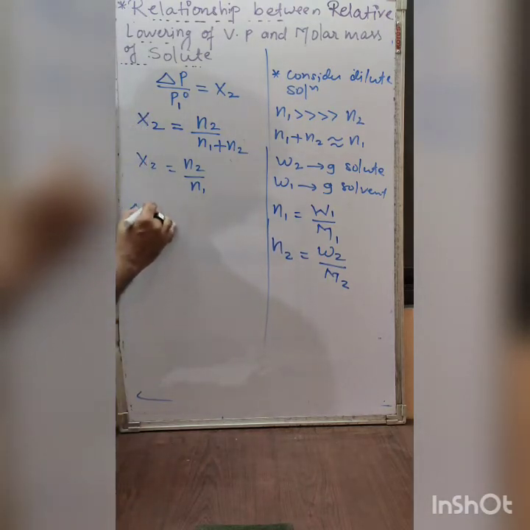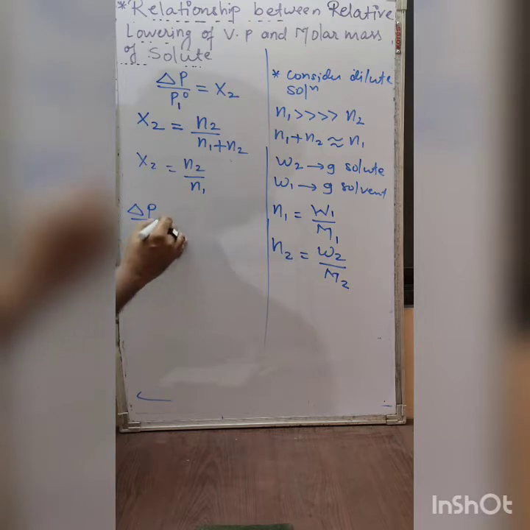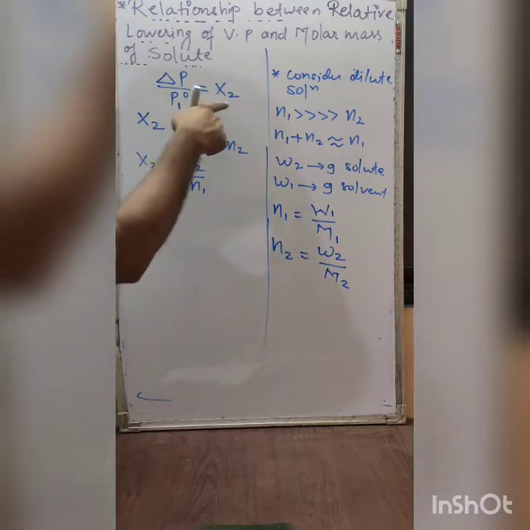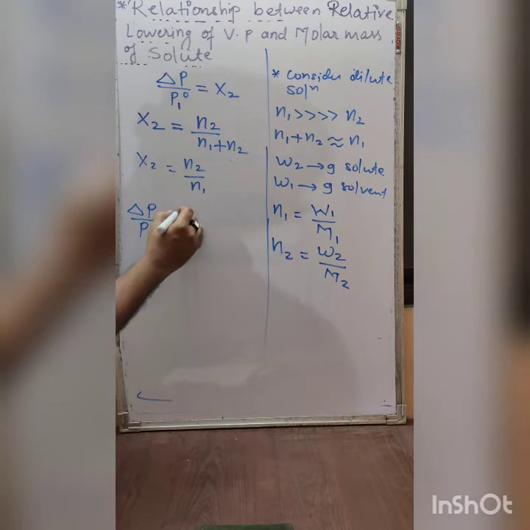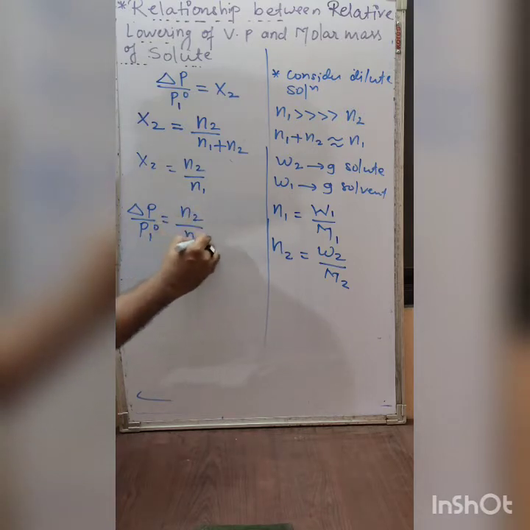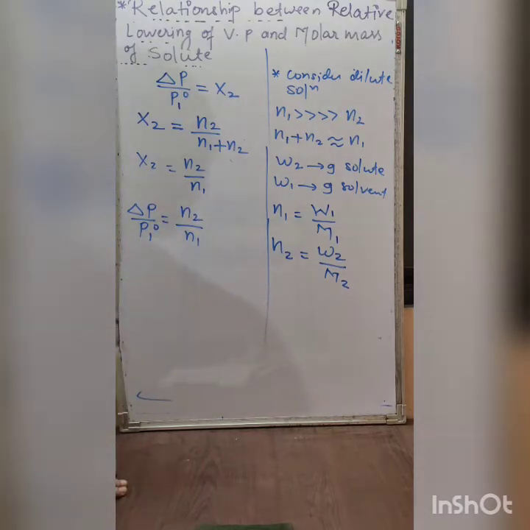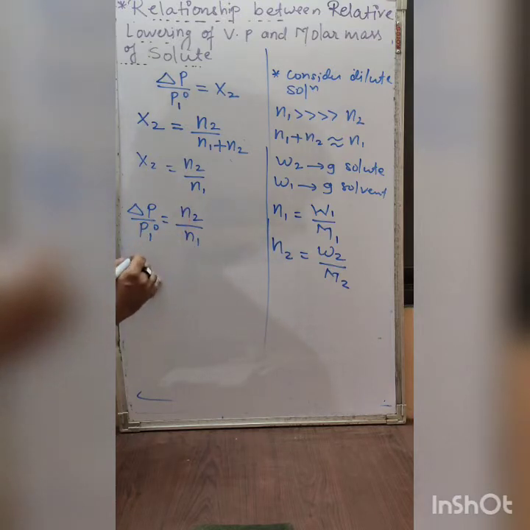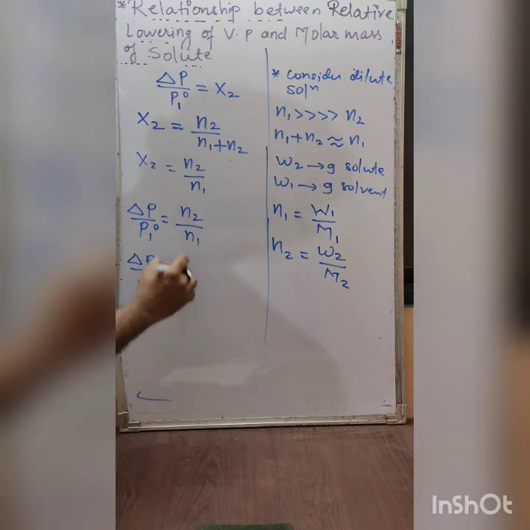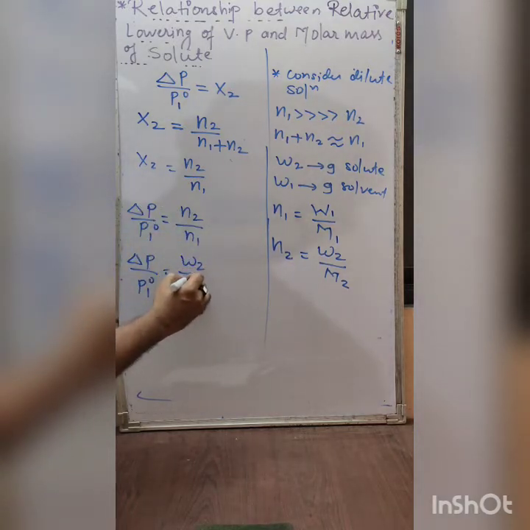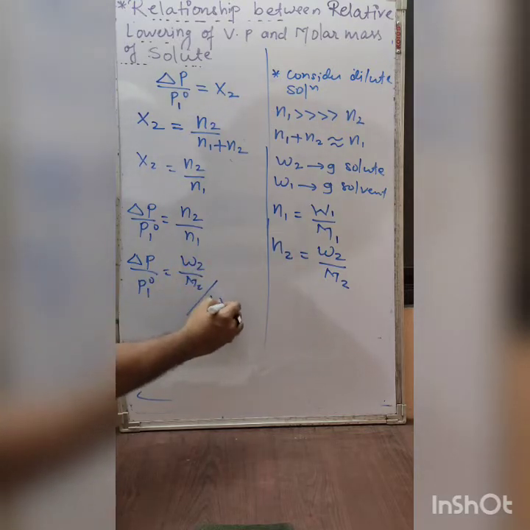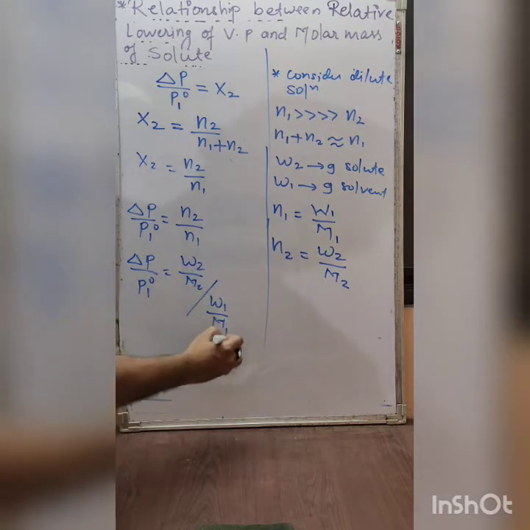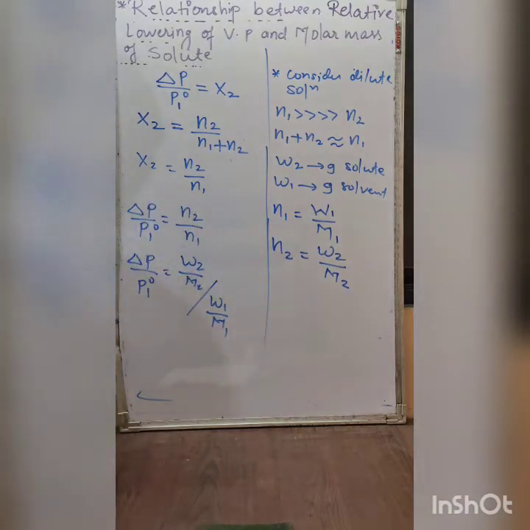Now once again come here. Delta P upon P10 is equal to X2, and X2 is equal to N2 upon N1. In place of N2 upon N1 we can write the value of N2, that is W2 M2 upon W1 M1. We will rearrange it.